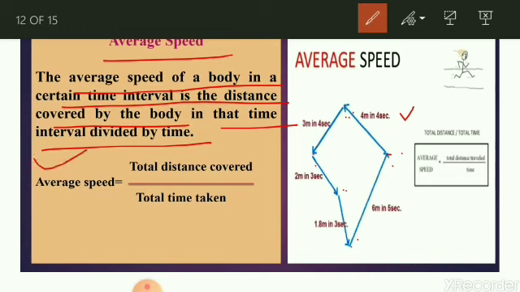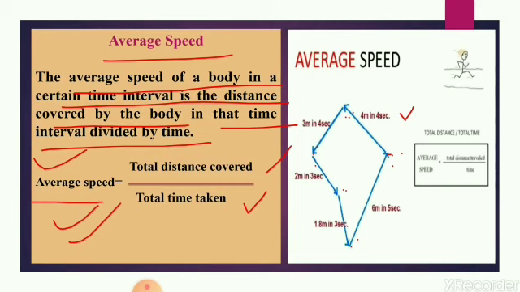First of all we will add all the distances and all the times taken to cover those distances. Average speed is equal to total distance covered upon total time taken. So average speed we can find in the case of non-uniform motion.